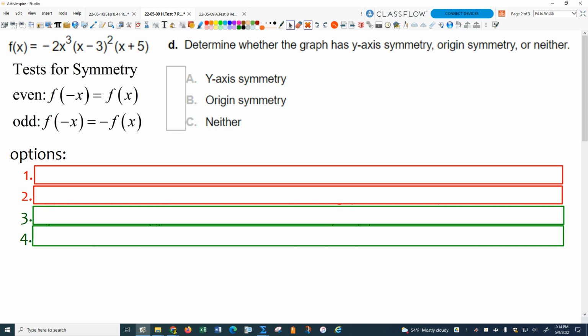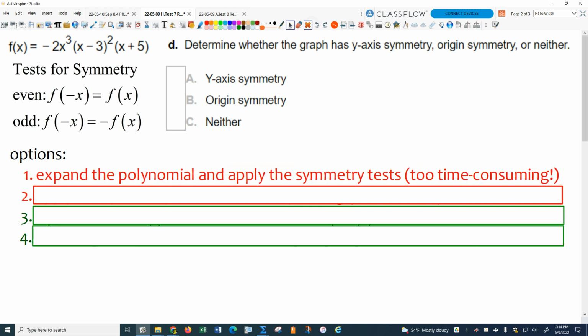So what are our options then? If we wanted to figure out what the symmetry of this thing is, one option would be to multiply out the whole thing and apply the test for symmetry. We wouldn't even have to apply the test, because how would I know if a polynomial has even symmetry?